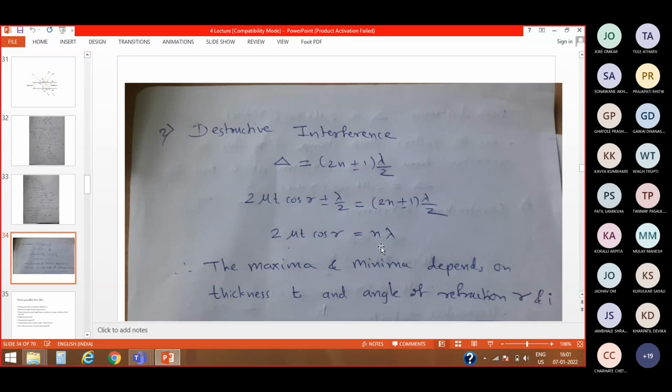So this is the condition for destructive interference. So the maxima and minima depend on the thickness t and the angle of refraction or angle of incidence of light in case of thin films. Did you understand up to here?